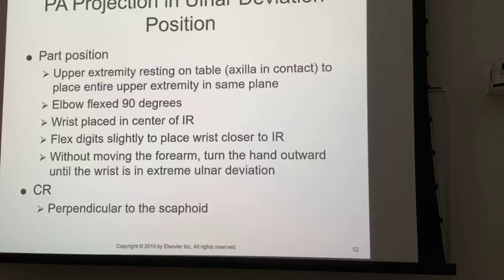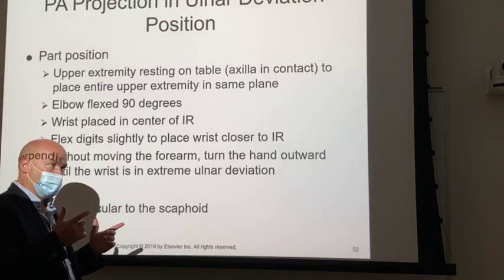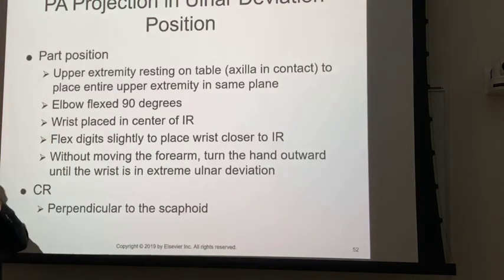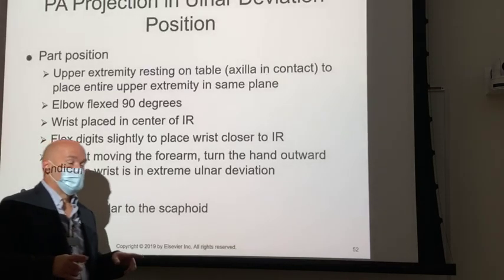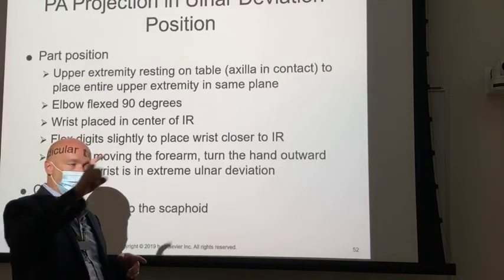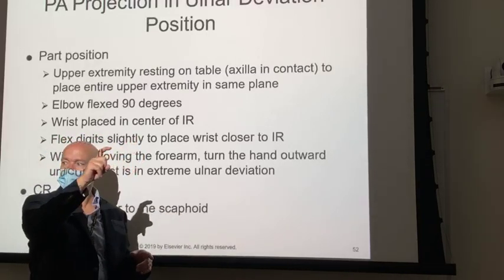All right, then ulnar deviation. So the most commonly fractured wrist bone is going to be the scaphoid. The problem with the scaphoid is in its normal orientation, what you've got is a bone that's a little bit hook shaped.